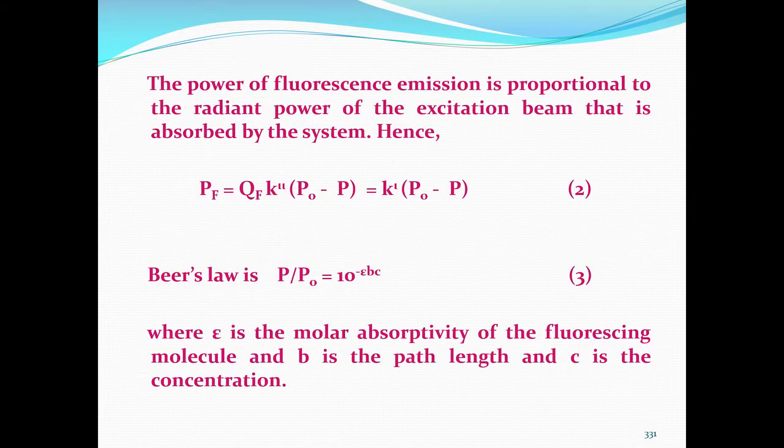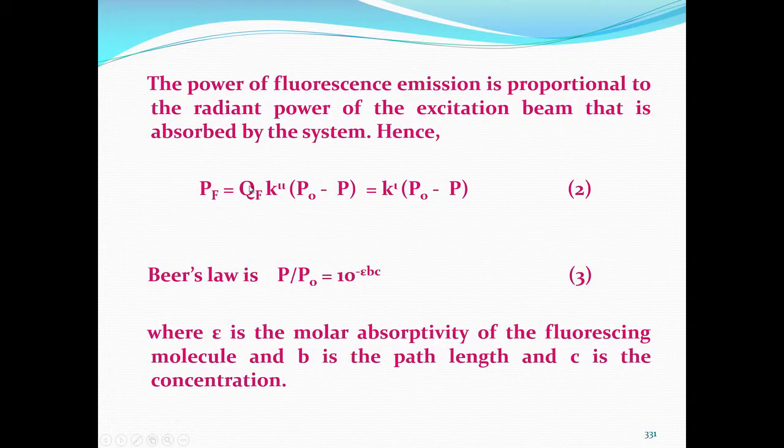So, I can write an expression something like this, that is the power of fluorescence emission is proportional to the radiant power of the excitation beam that is absorbed by the system. So, I can write this equation, Pf is a function of quantum efficiency Qf, and then another proportionality constant, which we are introducing here, and P naught minus P, that is equal to K dash.